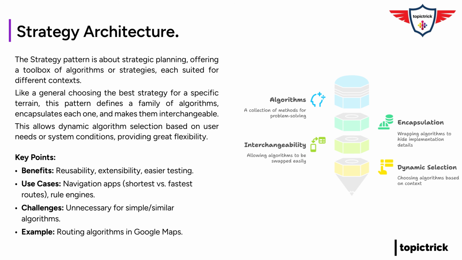How does this work in software? The strategy pattern defines a whole family of algorithms, encapsulates each one, and makes them interchangeable, like having different tools for different tasks. And you can swap them in and out as you need. That sounds very flexible. Can you give an example of how this might be used? Sure. Say you're building a navigation app.